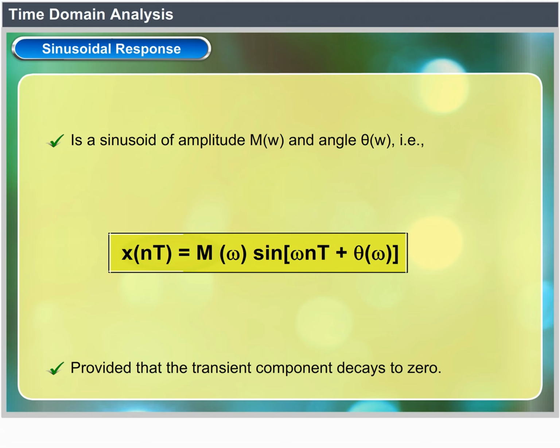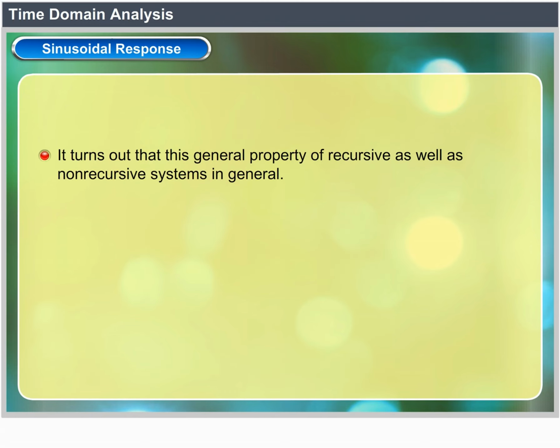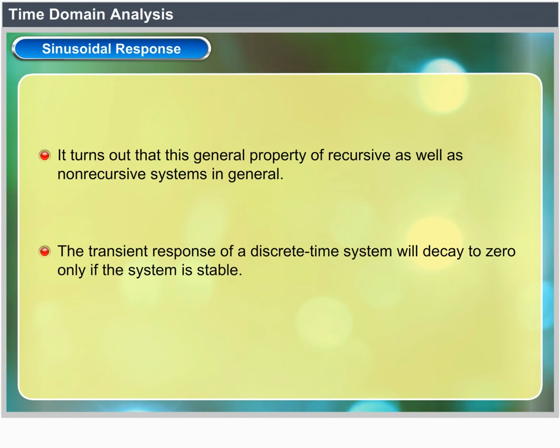It turns out that this is a general property of recursive as well as non-recursive systems: the transient response of a discrete time system will decay to 0 only if the system is stable.